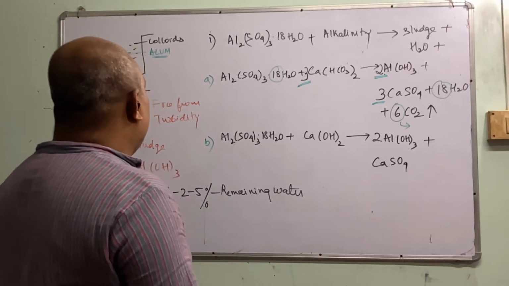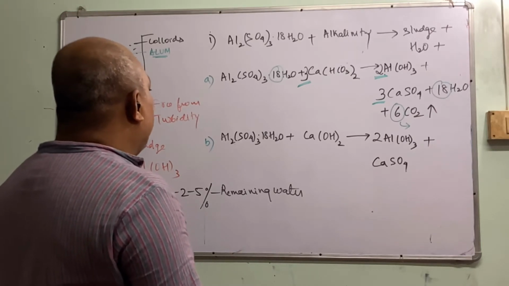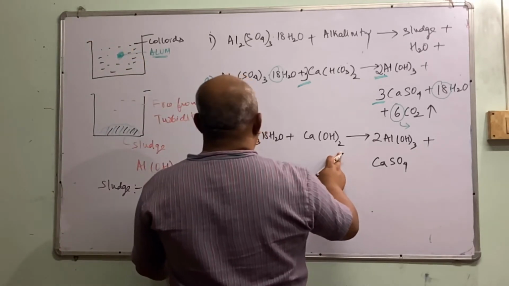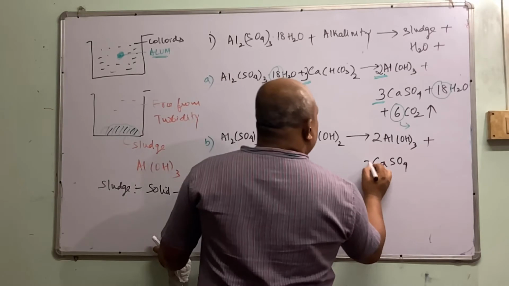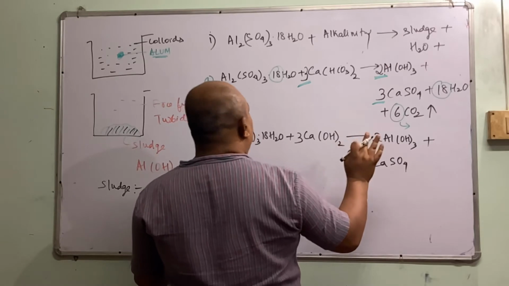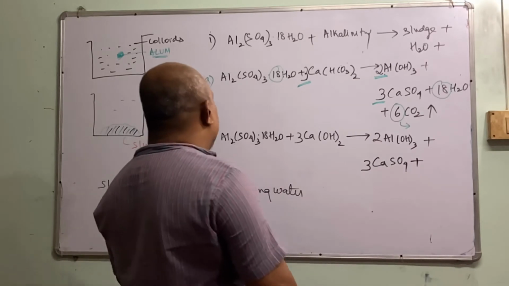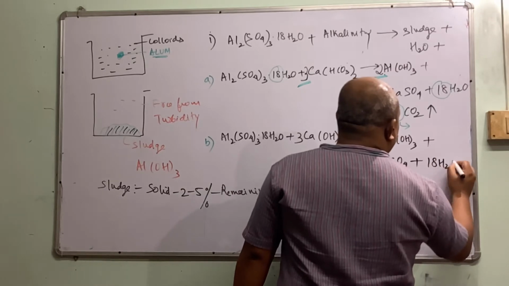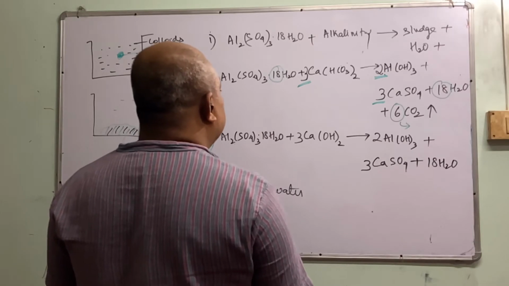Al(OH)3 will be there. So this calcium sulfate will be 3. The OH2 is there, OH2 into 3, there are 6 molecules, right? Plus, how much water molecule is left? You can see over here, it's 18H2O. OH is 2 into 3, 6.